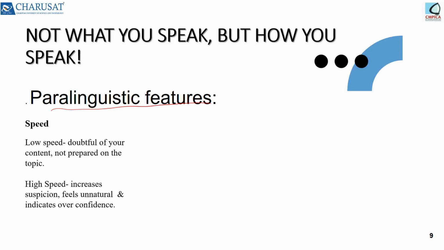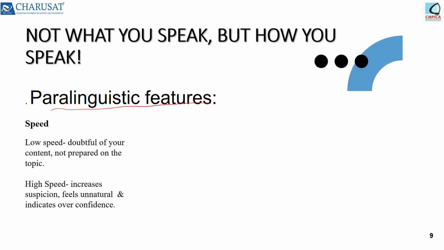Second is high speed. Somebody who is speaking very hastily, very fast. It is very difficult for an individual or a group of people, whoever is listening to the person, to comprehend what the person is saying. You will have to try to keep a catch of it, right? And the moment you try to note down something, there's another point, again there's something else, right?